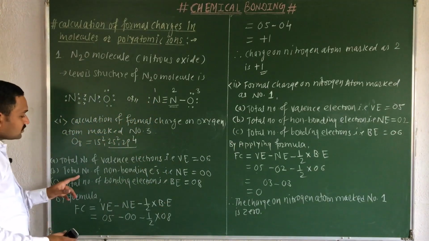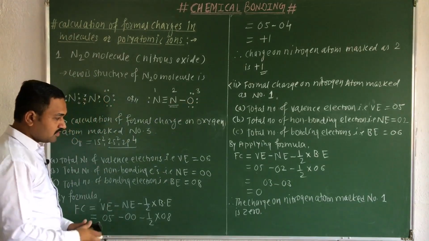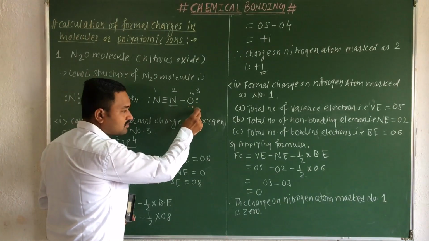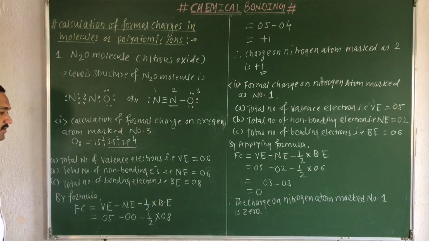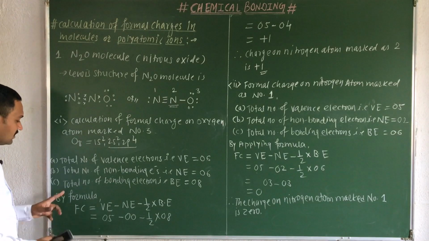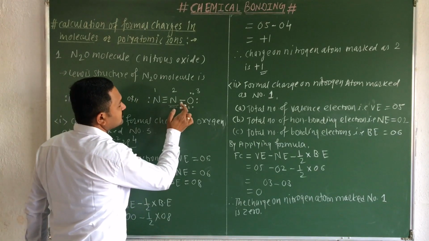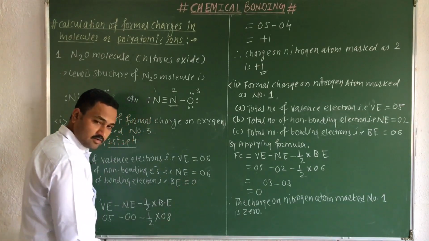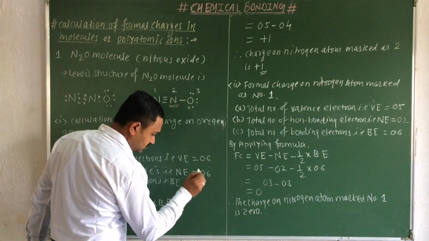Okay, now total number of non-bonding electrons. There are 3 lone pairs of electrons on this oxygen atom, therefore the total non-bonding electrons will be equals to 6. Okay, now the total number of bonding electrons, again we know that this nitrogen and oxygen form only a single bond, therefore the total number of bonding electrons will be equals to 2.